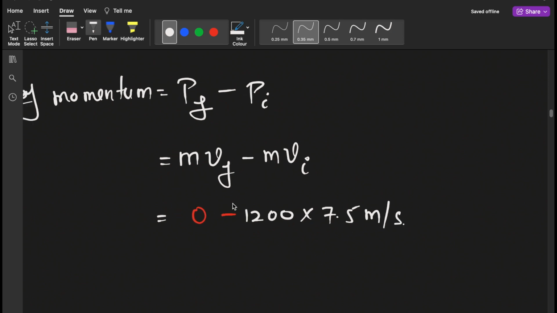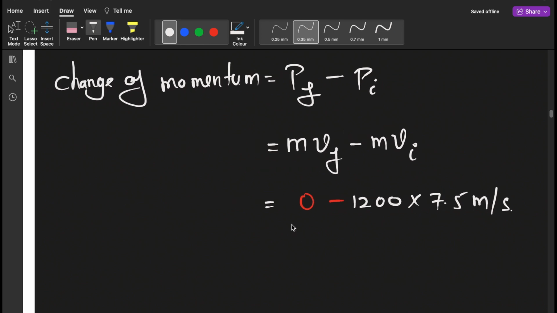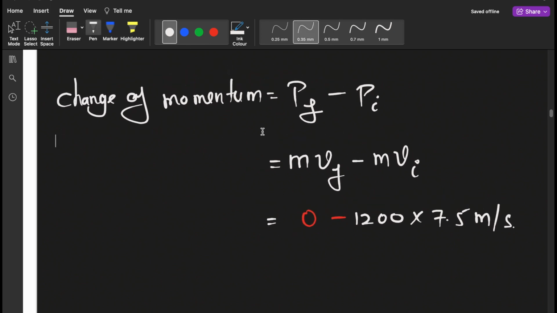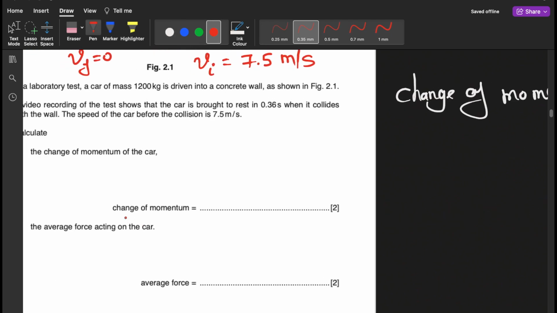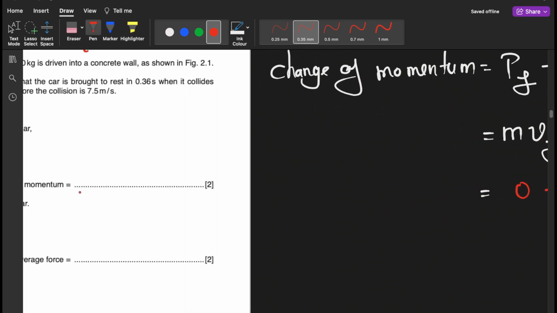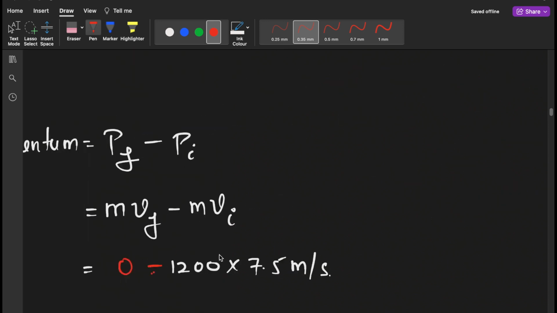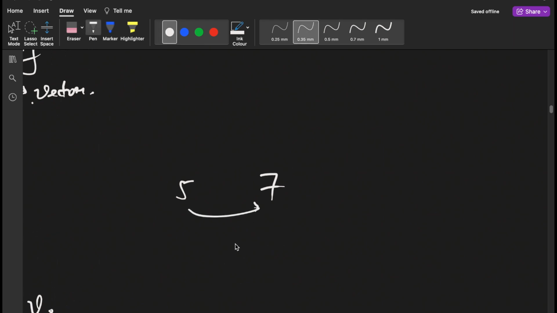Now what does that negative sign indicate over there? It just tells you the change in the momentum is in the negative direction. Most of the time, when we talk about the change, we are not concerned about the negative sign. Let's suppose any value is changing from 5 to 7, then we say the change in the value is 2.